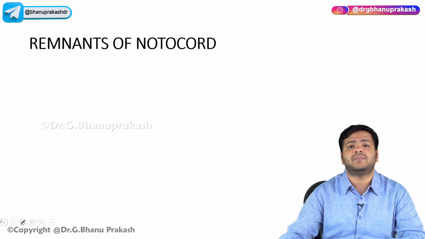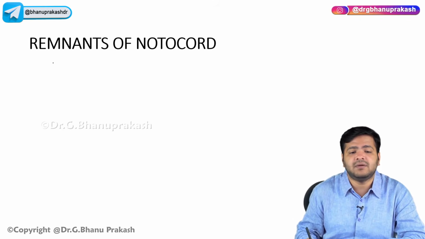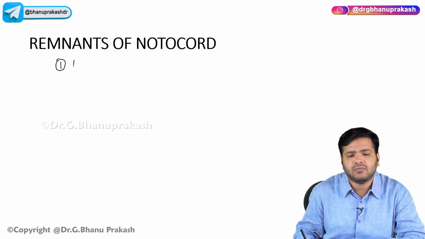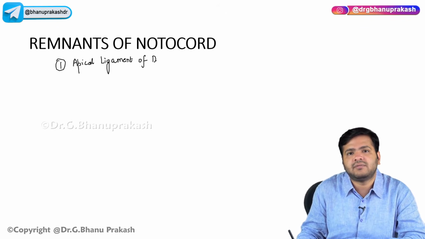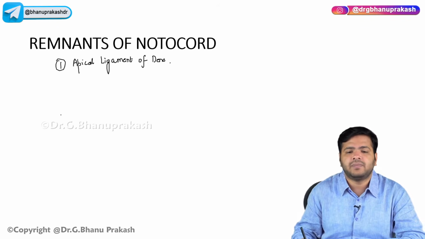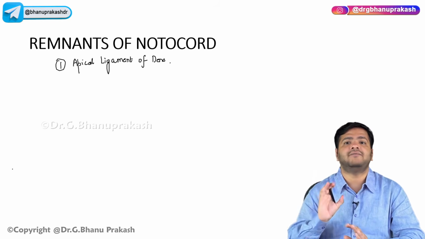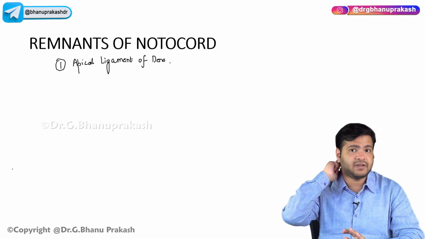The first one is the apical ligament of the dens. Now you already know we have the second cervical vertebra, right?